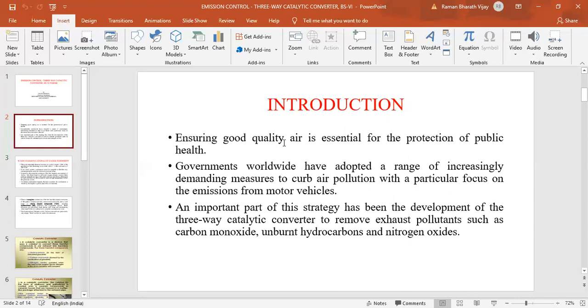There are methods, and one of them is the three-way catalytic converter. Why is it called a three-way catalytic converter? As I have already said, there are three gases, namely hydrocarbon, carbon monoxide, and nitrogen oxides. If these three gases are controlled using a catalyst, hence it is called a three-way catalytic converter. So this is about the introduction.